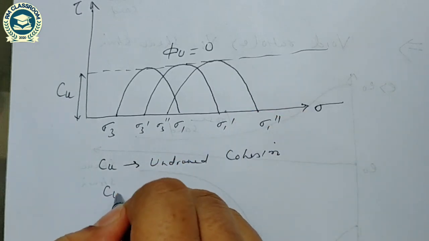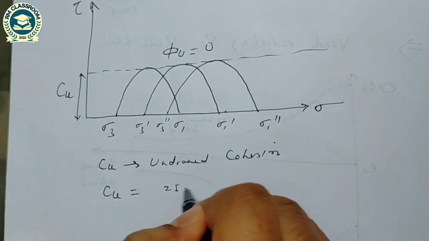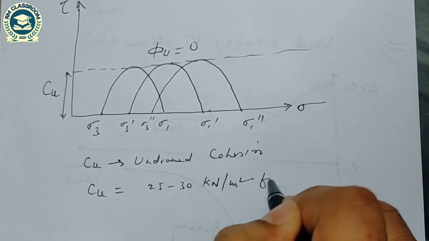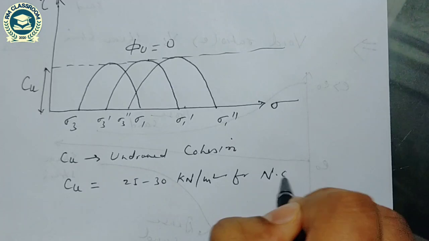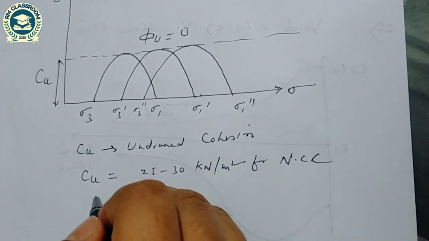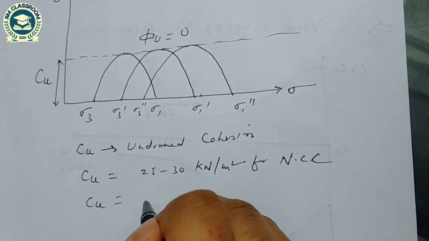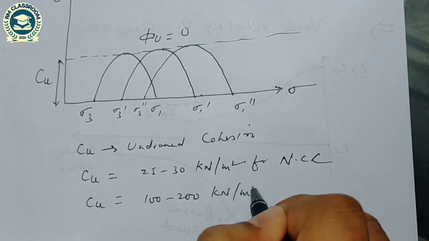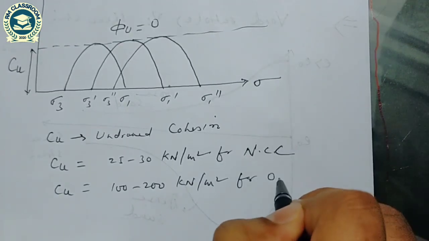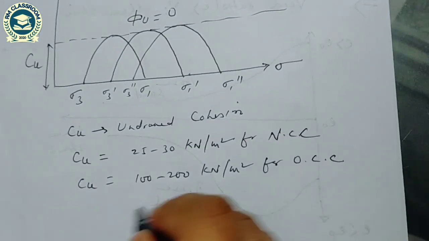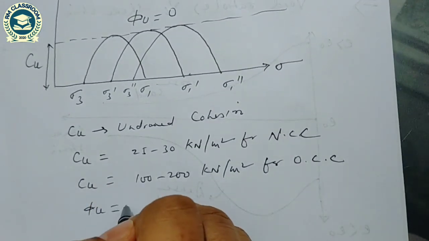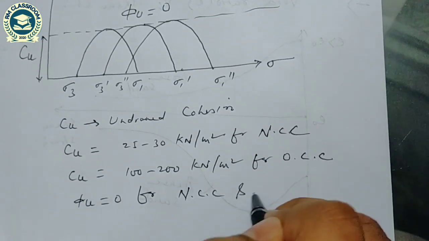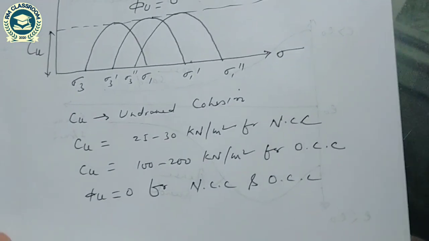This Cu value is approximately 25 to 30 kilonewton per meter square for normally consolidated clay, and it increases to 100 to 200 kilonewton per meter square for over consolidated clay, and phi u is equal to 0 for both normally consolidated clay and over consolidated clay.